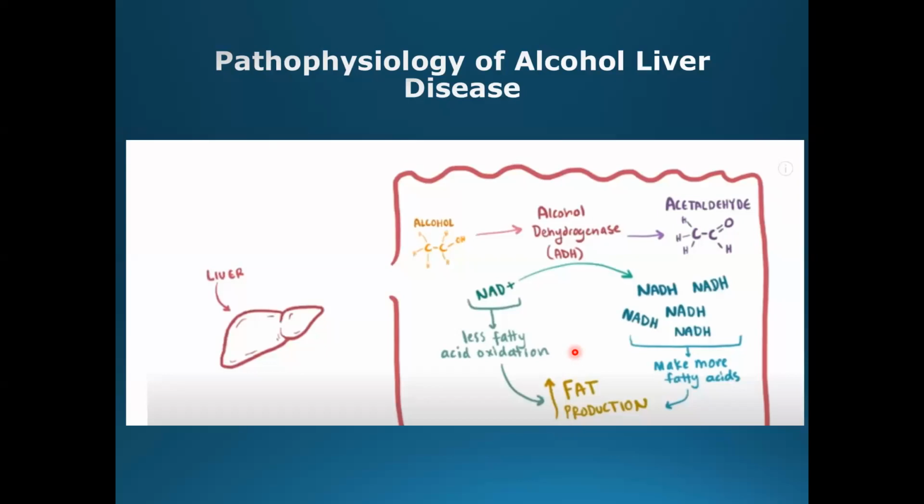Before, we used to know that only alcohol would result in fatty change in the liver, followed by alcoholic steatohepatitis, that may go on to develop into alcoholic cirrhosis and possibly also hepatocellular carcinoma. That's before.